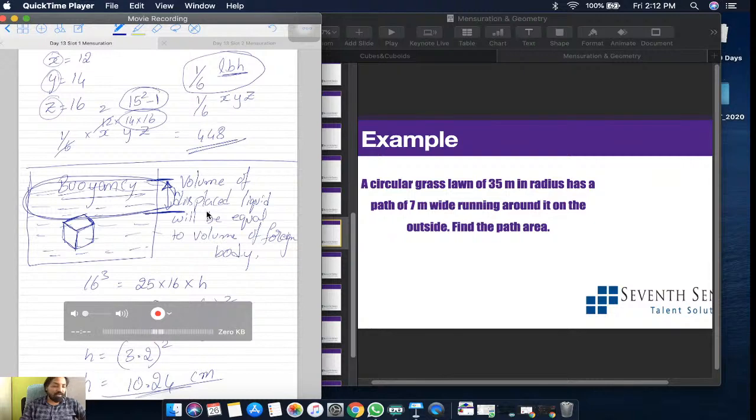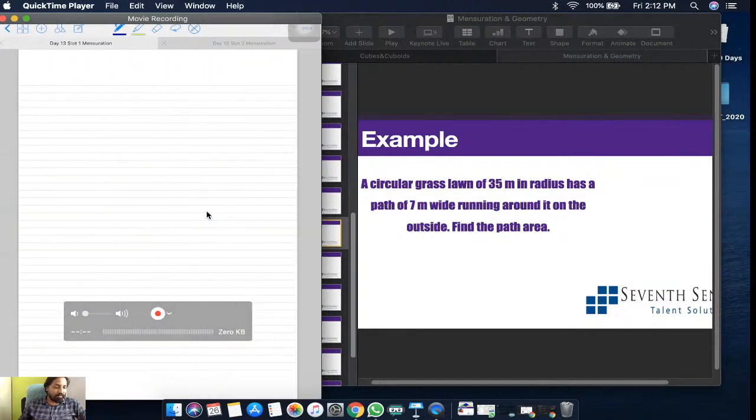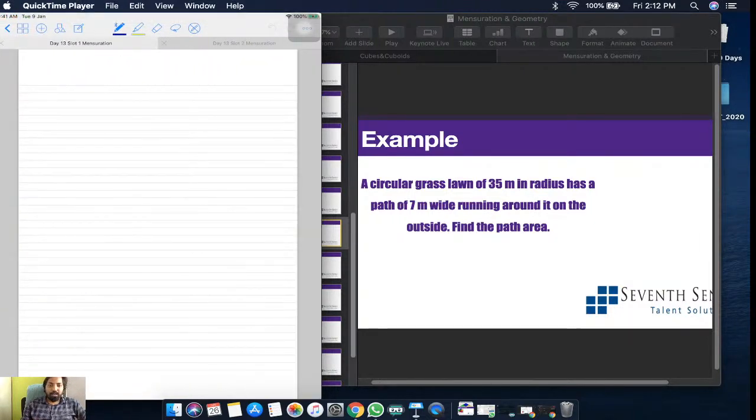Now try the next question. A circular grass lawn of 35 meter in radius has a path of 7 meter wide. This is a circular grass lawn. The radius is 35 meter. So I'll put it like this.